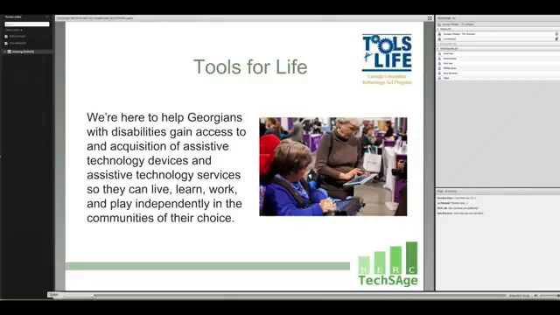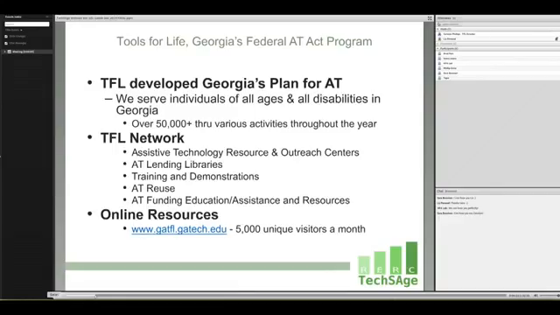The youngest person that we've worked with is 4 months old. The oldest is 103. And we've done a lot in this arena of educating people, helping people understand what technology would work best for them as they're aging in place. And so we have a lot of depth in this arena.